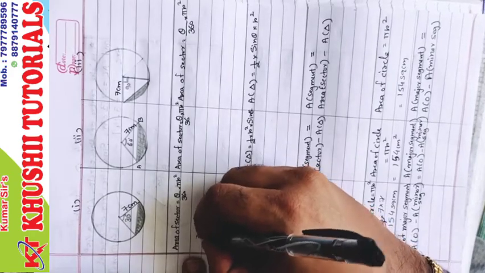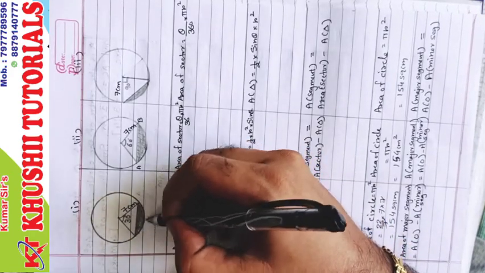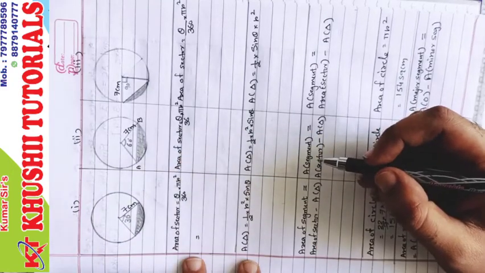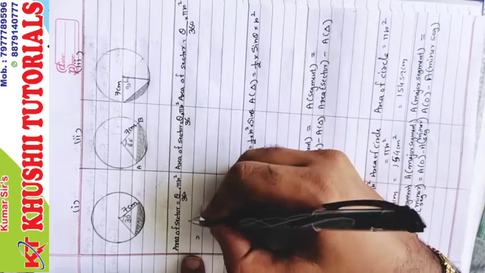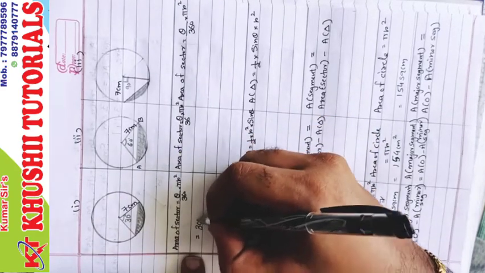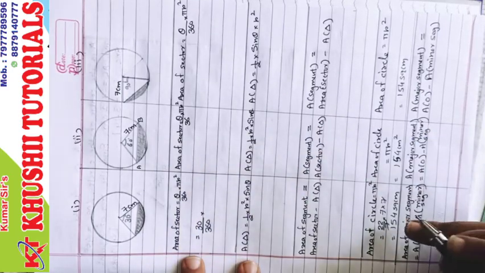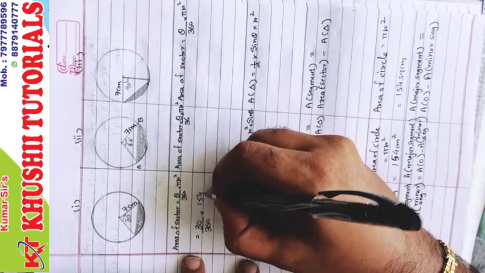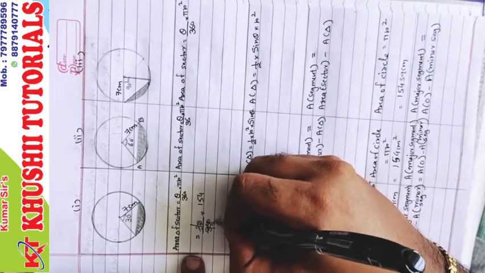Now area of sector. Here this is the sector. Hope you know the sector. We have done the sector in the previous exercise, which was 7.3. So area of sector is theta upon 360 into pi r square. Here theta is 30 degree. 30 upon 360 into pi r square, which we know is 154. 0 got cancelled. 3 ones are 3, 3 twelves are 36.